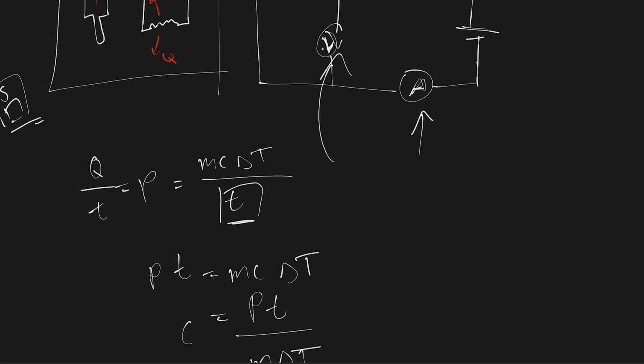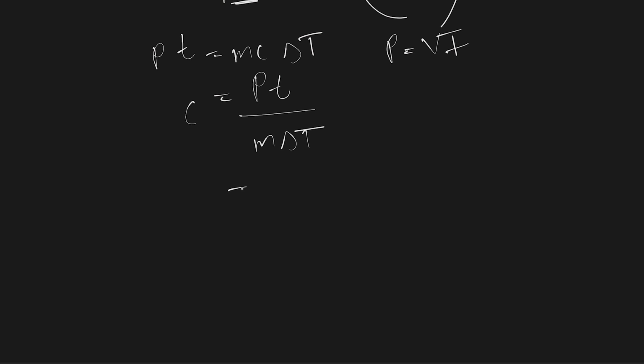We can simply use the volts and amps. Again, the voltmeter measures the voltage, and the ammeter measures the current, V and I. There is one equation from the formula book that we know: P, power, is equal to voltage times current. So we can rewrite this as c is equal to voltage times current times time, all over mΔT.